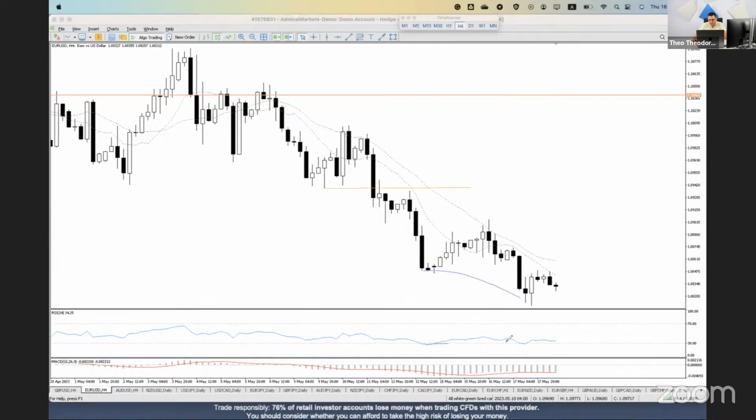This brings up a nice question for education purposes, especially about trading. Guys, many people ask me, Theo, what do we do when we see reversal divergence, bullish divergence here?